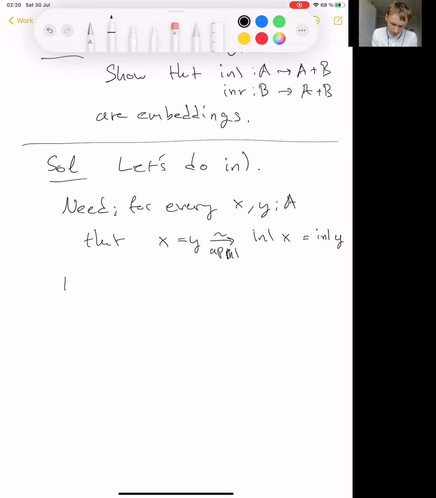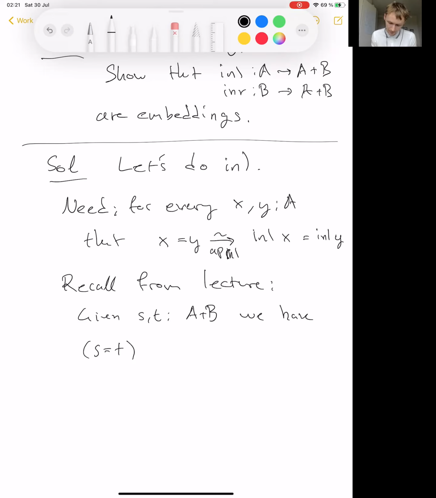So let's recall from the lecture that, given S and T in A plus B, so these are arbitrary now and not just in left, but for arbitrary points S and T in A plus B, we have that the identity type of S and T is equivalent to this observational equality type of S and T. Okay.